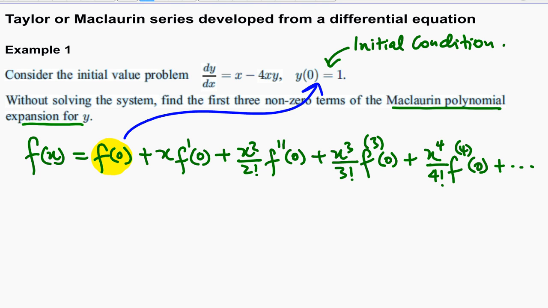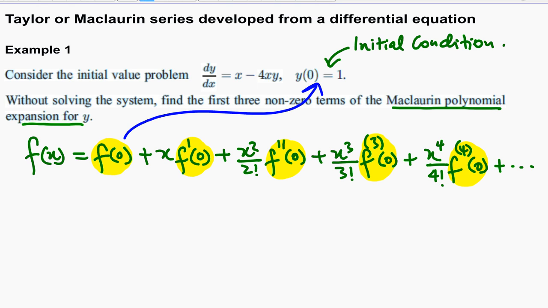So all that we need to find now is this and that, which means we have to find the derivatives of this differential equation and then plug in these boundary conditions to find the values of those coefficients.